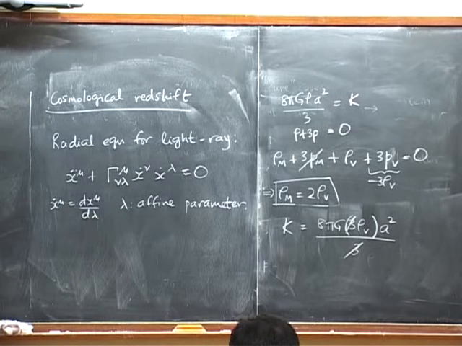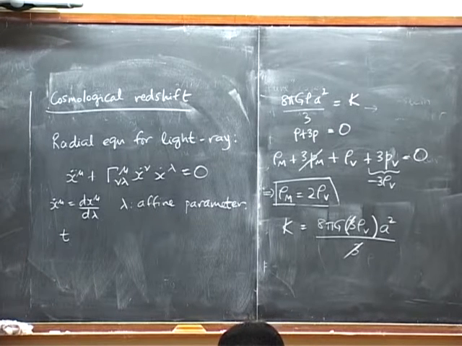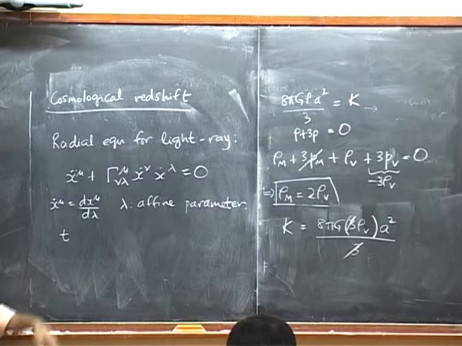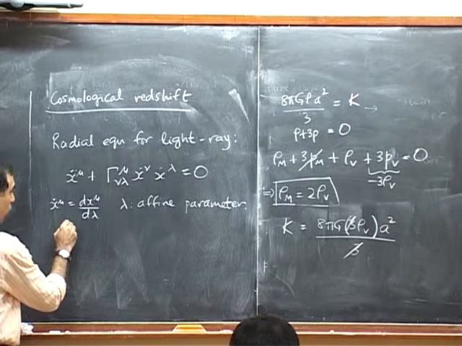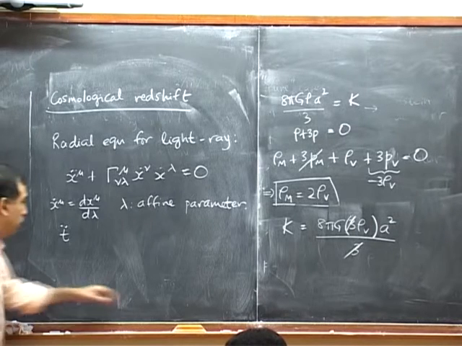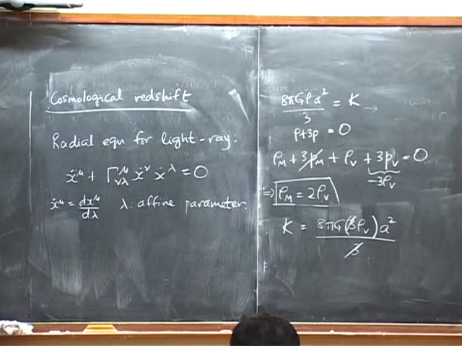Okay. Now the equation of interest to us is the one involving t, the coordinate time. This is the t that appears in the scale factor a of t. Okay, so t double dot. Now we have to be very careful, because up to now we were putting dots to differentiate d by dt. Okay, so let me not do this, it will confuse you. Dot we will reserve for d by dt.